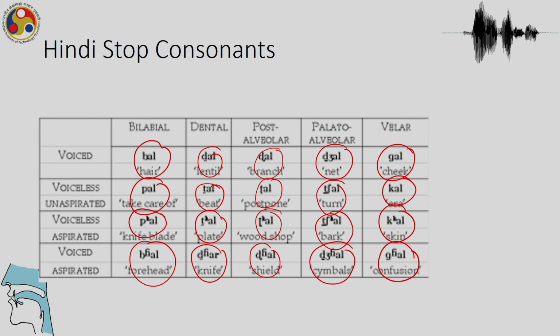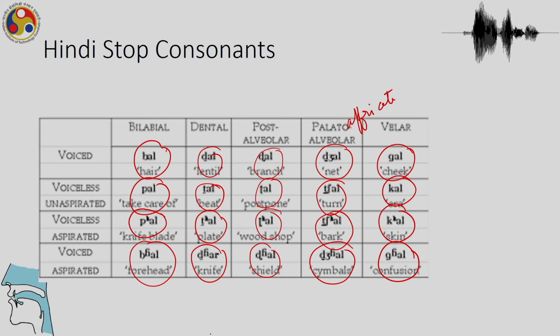So you can see the four-way contrast here along the line of voiceless unaspirated, voiceless aspirated, and voiced aspirated. Along this line, these four contrasts are made, and then along the line of place of articulation, we have bilabial to dental to post-alveolar, palato-alveolar, velar. And then here we have these affricates.